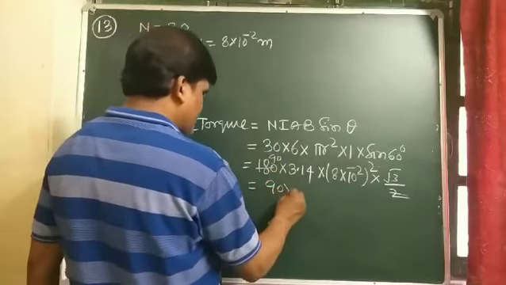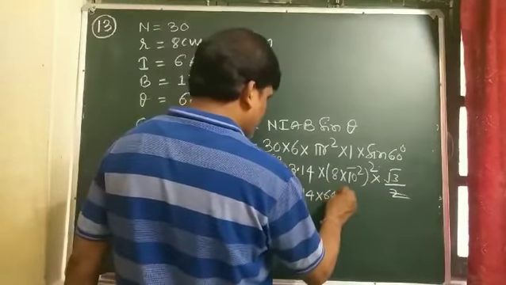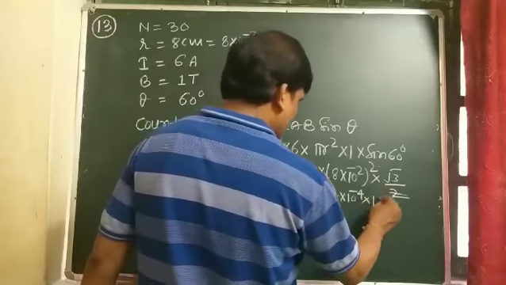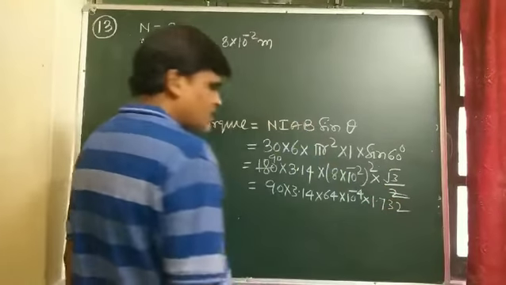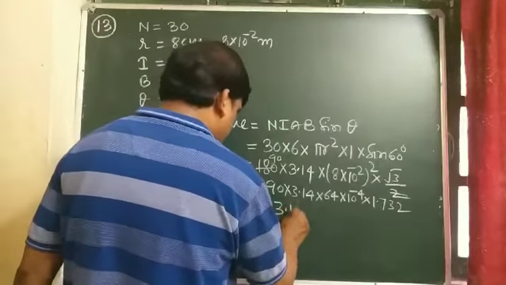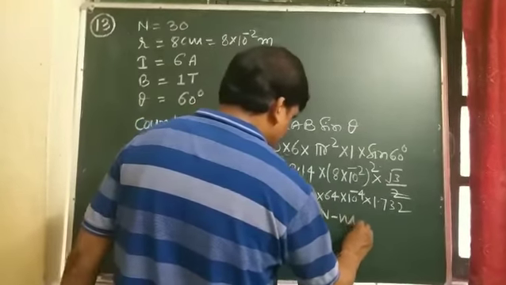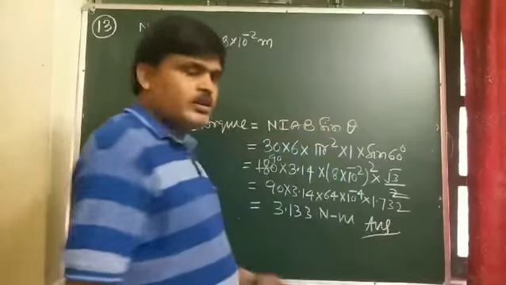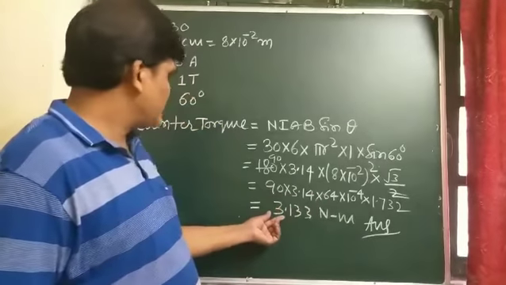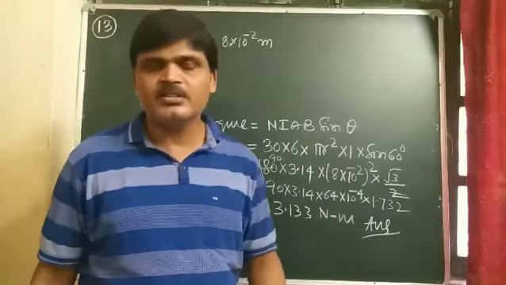So 90 into 3.14 into 64 into 10 to the power minus 4, and root 3 is 1.732. After solving this, the answer comes out to be 3.133, and the SI unit of torque is Newton meter. So the counter torque comes out to be 3.133 Newton meter. This is the answer.